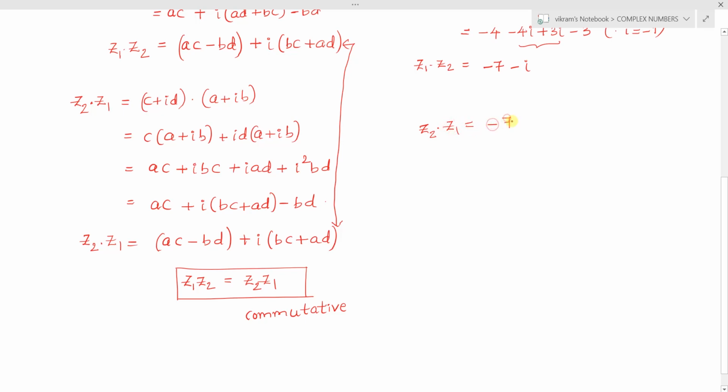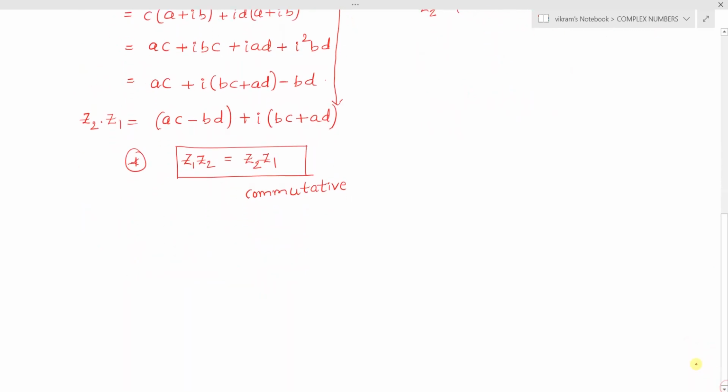You will get minus 7 minus i for the same z1 and z2. So the first property of complex number multiplication is that it is commutative.